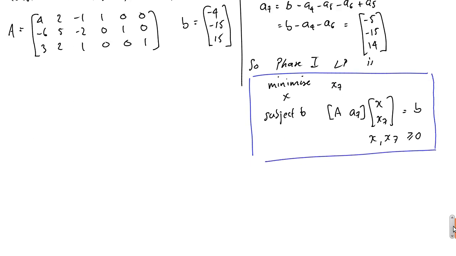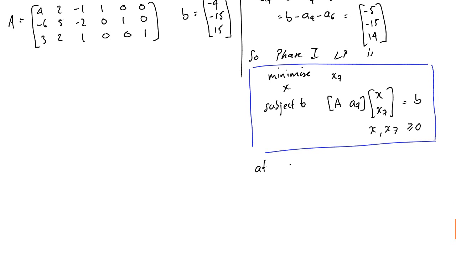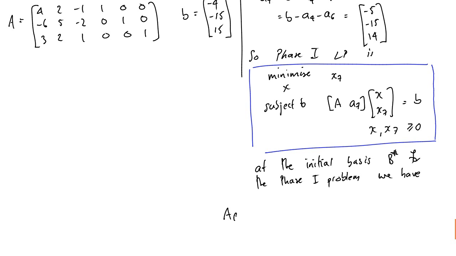For the initial basis for the phase 1 problem, we have A B sharp equals A4, A7, A6, equals this matrix here: 1, 0, 0, -5, -15, 14, 0, 0, 1.